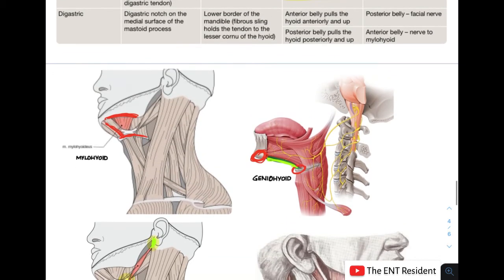The last muscle amongst the secondary elevators is the digastric muscle. Digastric muscle has an anterior belly and a posterior belly. This muscle takes its origin from the digastric notch on the medial surface of the mastoid process, and it goes and attaches to the lower border of the mandible, and a fibrous sling helps in holding the tendon to the lesser cornu of the hyoid bone.